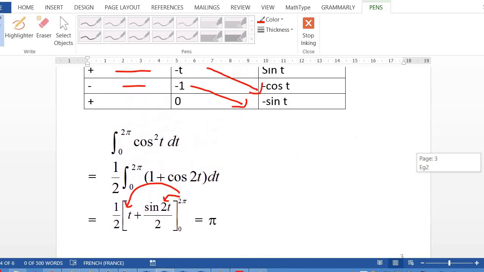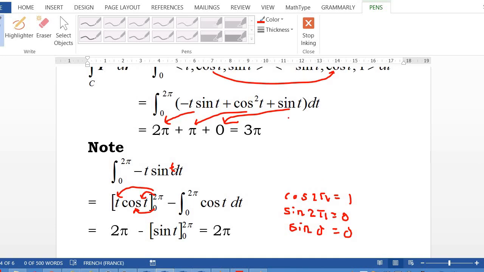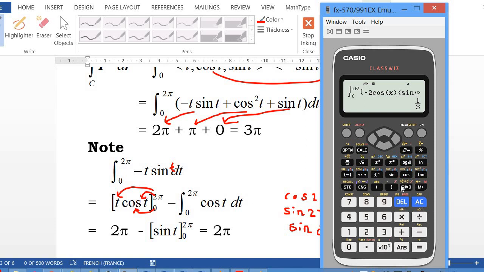Okay, or you may straight away use a scientific calculator to evaluate it. Example here, and I'm in radian mode already. So you integrate, of course, in the scientific calculator the integral is in variable x, so you have to change the t into x.